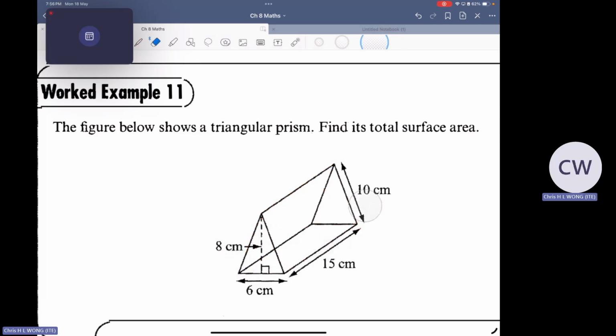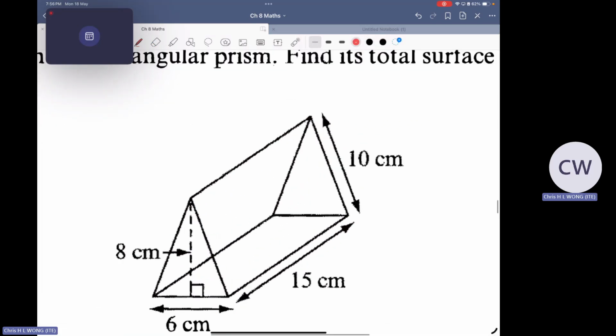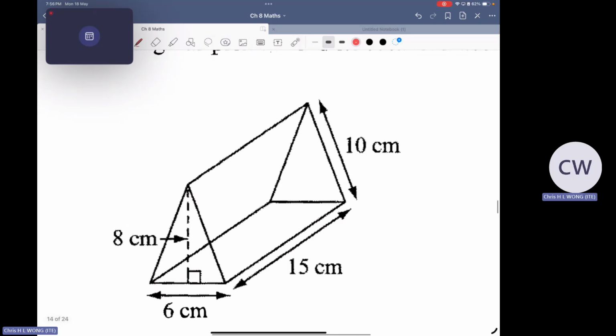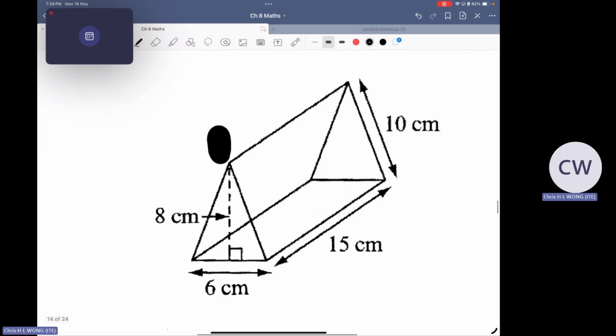This is A. Sorry. A, B, C, D, E, F. Easier. So I'll start with triangle ADF.